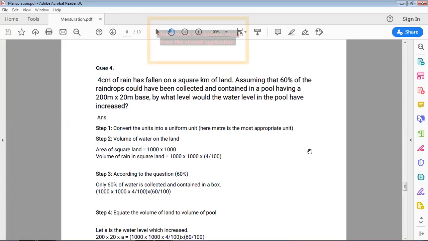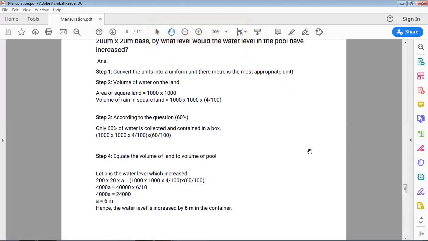So we are collecting 60% of the rain that has accumulated on the land, and we contain it in a pool which has a base of 200 into 20. Whatever water we are containing in the pool is the volume of the water, and the volume of the pool should be equal. So that was the first step, equate the volume of the land to the volume of the pool. We have calculated the volume of the land beforehand.